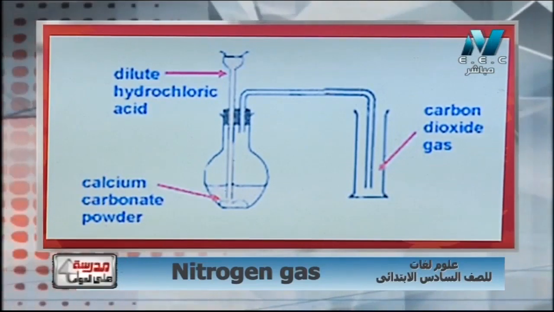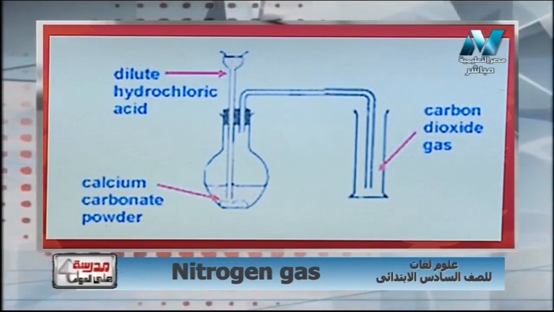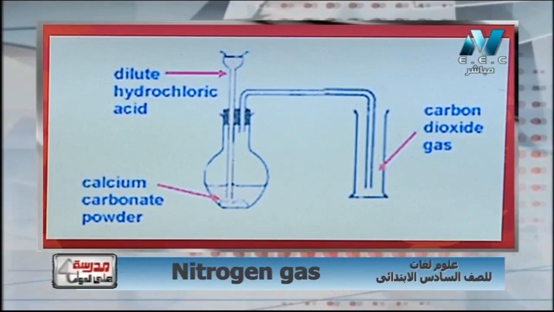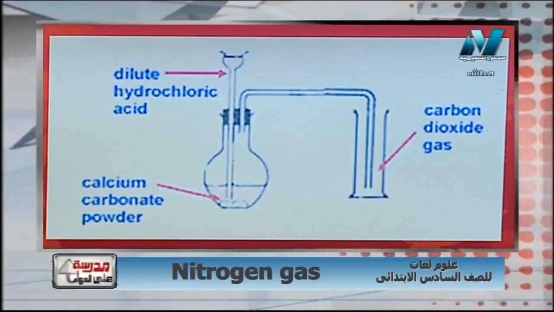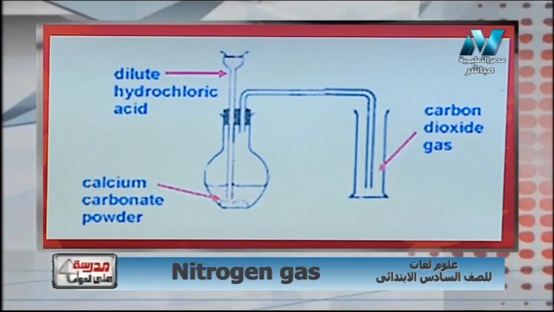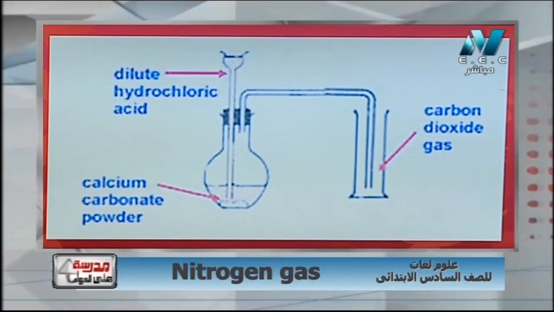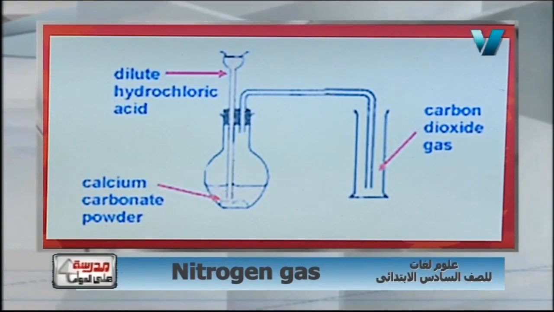On calcium carbonate powder, and I will collect carbon dioxide gas by what? Here I don't see water at all, unlike the previous experiment. I only see a tube, and of course the tube is empty, meaning it contains air. What will happen? We know very well that carbon dioxide gas is heavier than air, so it will fall down and will displace air upward.